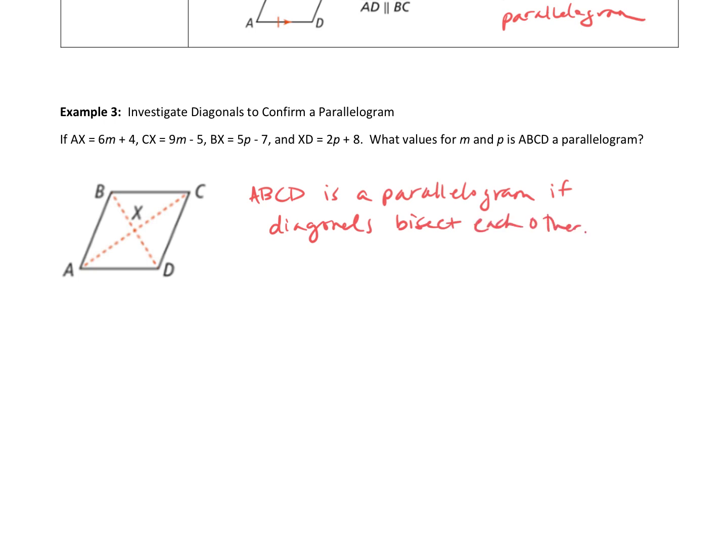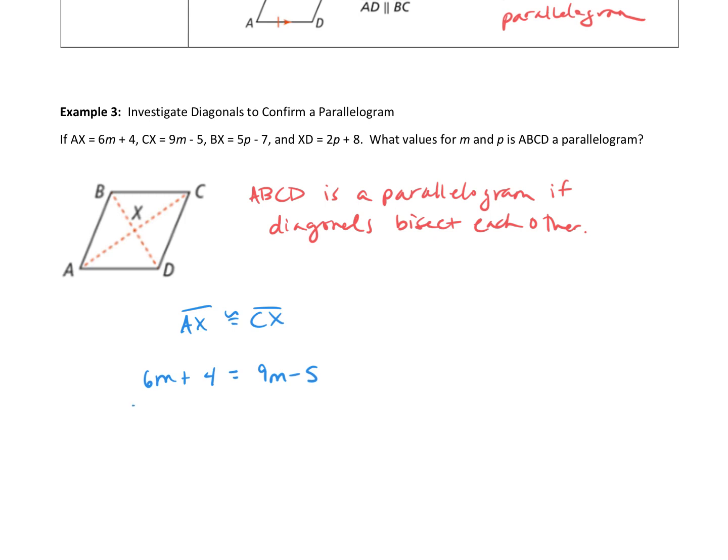So let's work with diagonals bisecting each other. If the diagonals bisect each other, that means that AX would be congruent to CX. So we're going to set that up. AX congruent to CX. They told us that AX is 6M plus 4. Let's set that equal to CX, which is 9M minus 5.